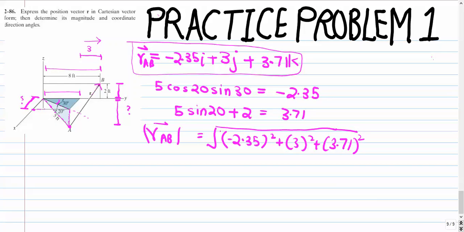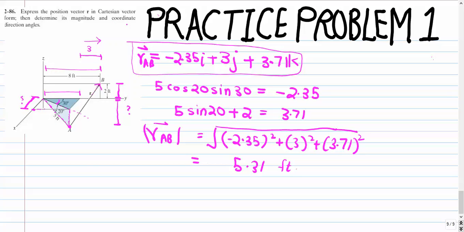So under root sum of the squares of the components of this vector in each x, y, and z direction. And once we solve this on a calculator, we get 5.31 feet.